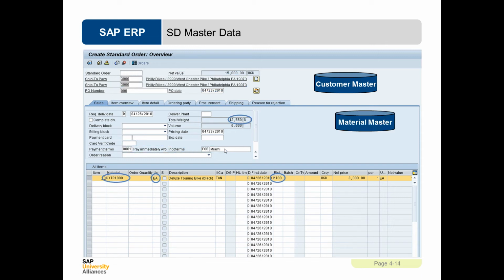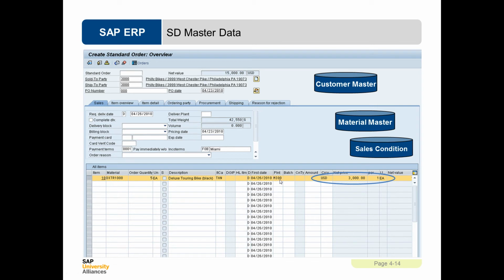The material master, on the other hand, keeps track of the SKU numbers, the actual part number, how the part is measured. In this case, we're talking about bicycles, so we measure them in terms of units, a description of the material, and the plant where it was going to be shipped from.